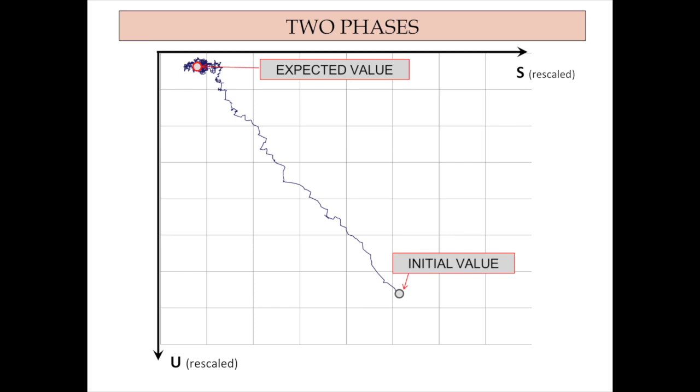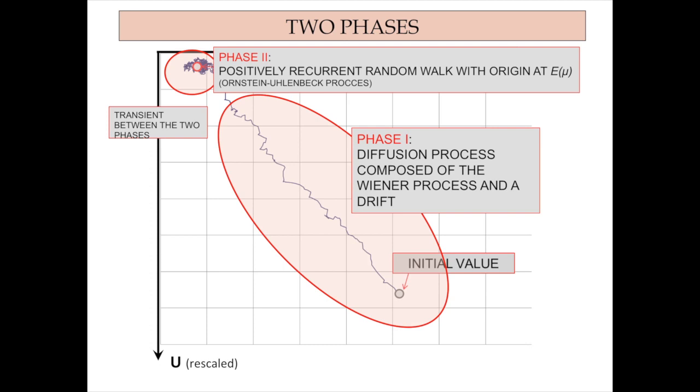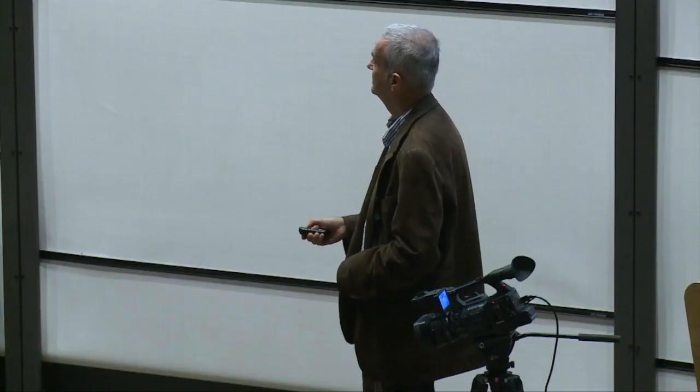So what you will see, that there is a fast descent, and then it starts to roam around in some area. So there are definitely two phases. The first phase is a diffusion process which has a drift, and the second phase is a recurrent process.